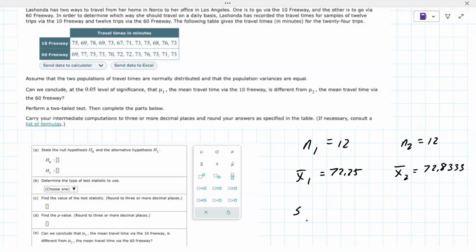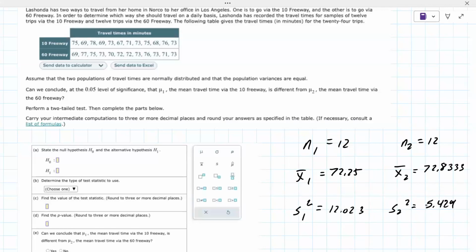And then S1 is actually, I'm going to give you the variance, so it'll be like the last one, because it won't round as much. But you want to use the variance of the sample, not the population. So it ends up being 12.023. S2 squared is 5.424.